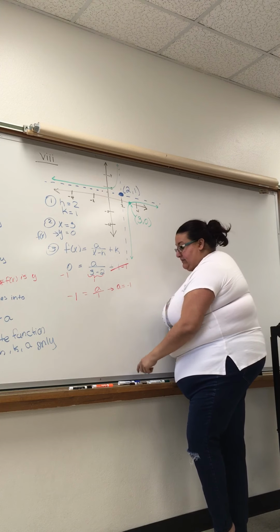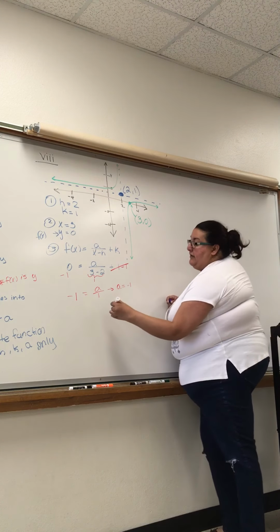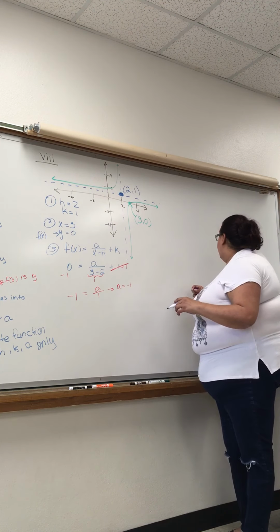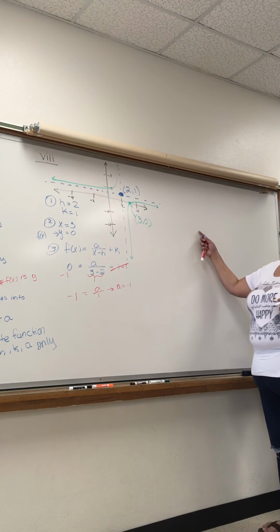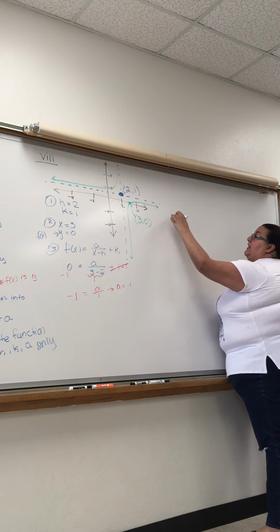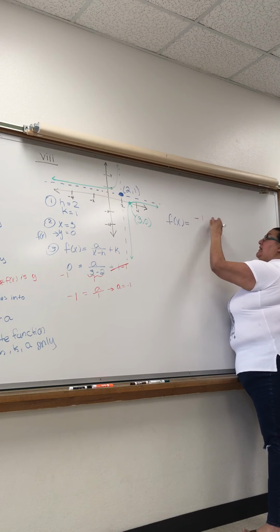And then step 5 is we're going to rewrite the function. So if I rewrite the function, I'm going to go ahead and put f of x. And you know what? Can you see me over here on this side? Real quick, because I'm going to write it right here. Okay. So I'm going to go ahead and write f of x here because you'll see y in a bit. So f of x is equal to, a is -1, so -1 divided by x minus 2 plus 1.